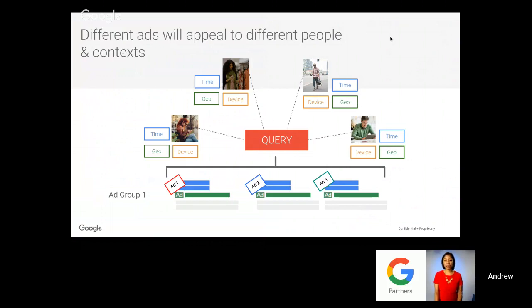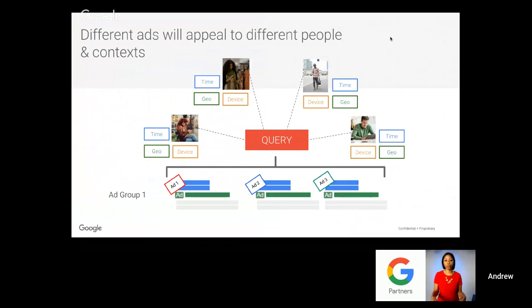For example, if I were searching for a pet store here in New York City, if I was searching from my mobile device, I might want to see an ad that enticed me to call the business. Or if I was searching at 5 p.m., I'd ideally want to see an ad for a pet shop that was open and highlighted their opening hours.